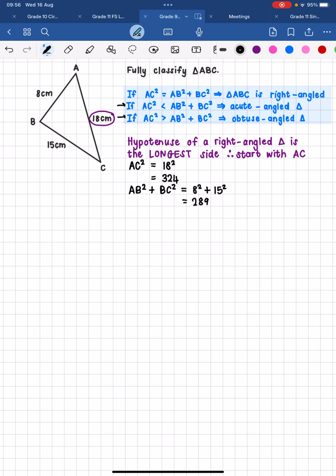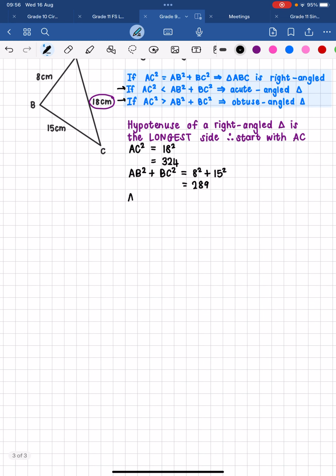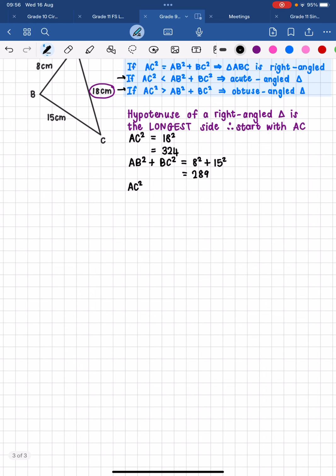Okay, so now you're going to say AC squared is greater than AB squared plus BC squared. We know what that symbol means, that's the greater than symbol.